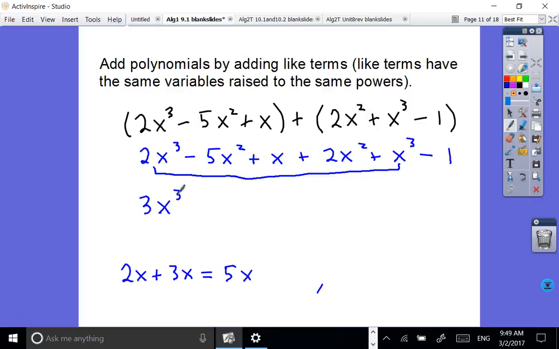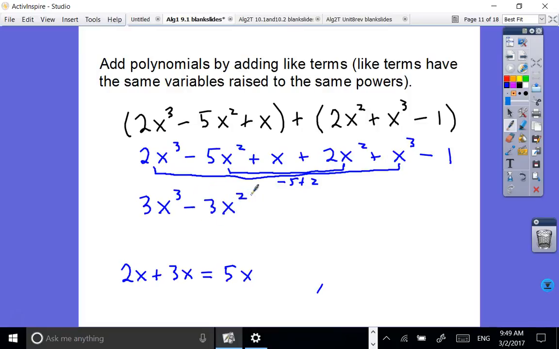What's the next power of x you've got? You've got x squared here, and you've got x squared here. So negative 5x squared plus 2x squared. Add the coefficients. That should be negative 5 plus 2, which is negative 3x squared.